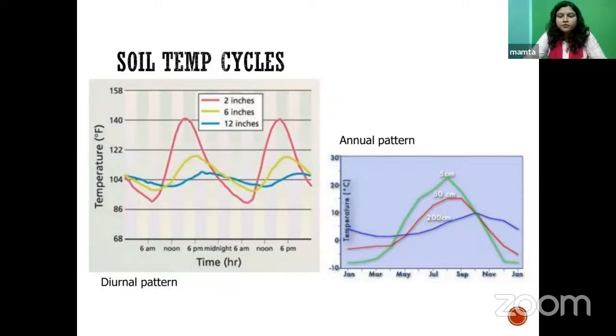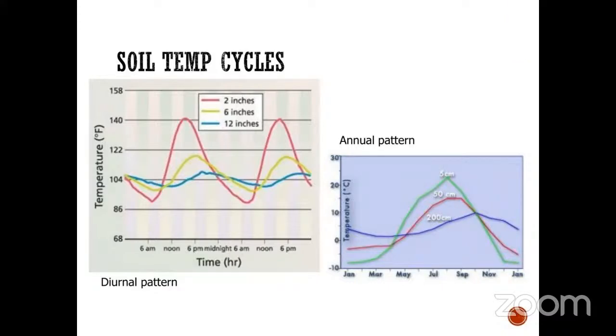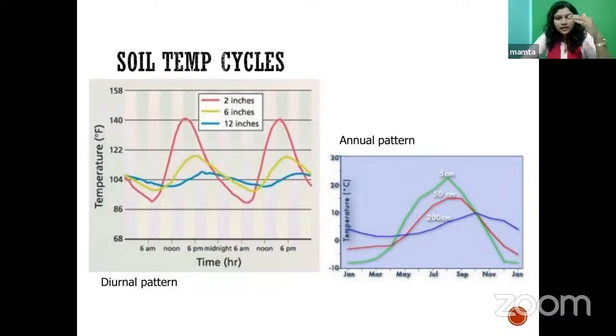No, so see, for example, if we study about the earth, there are different latitudes: tropical, subtropical, and then the polar region. You will see that the higher temperature is always at the equator range because the incoming solar radiation is higher there. But as it moves upward, there will be lower incoming solar radiation. So you will see the maximum variations in temperature at the equator rather than the polar regions, because at the polar regions a very low amount of solar radiation is coming.